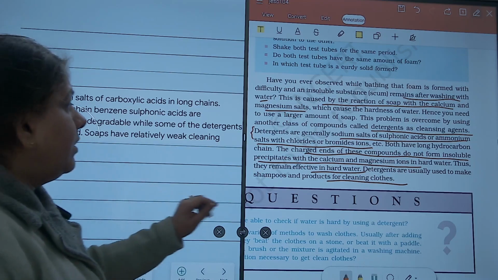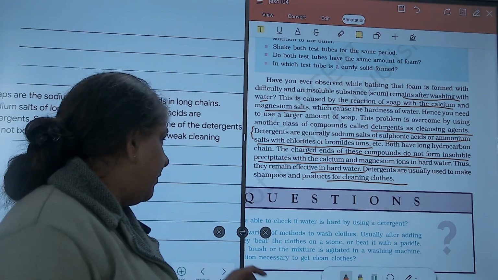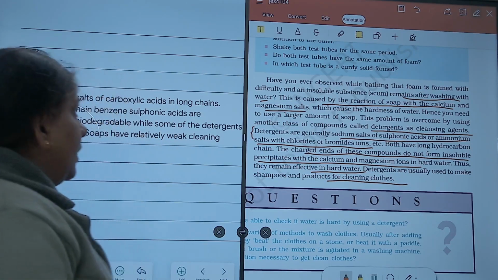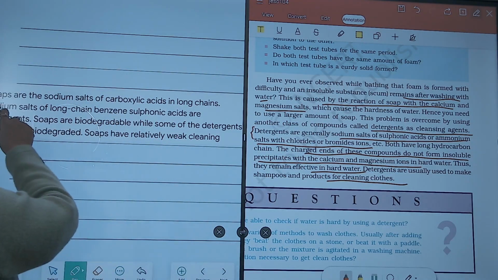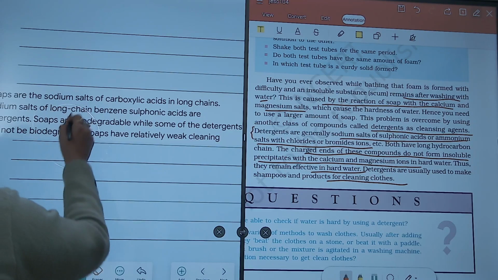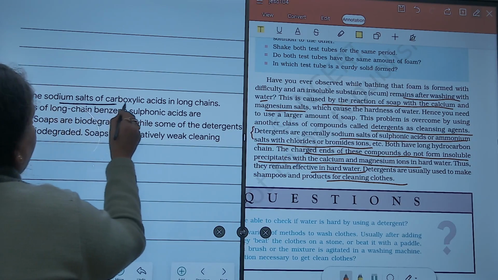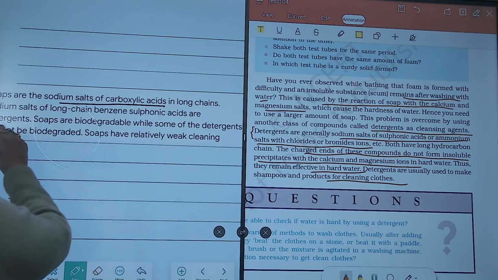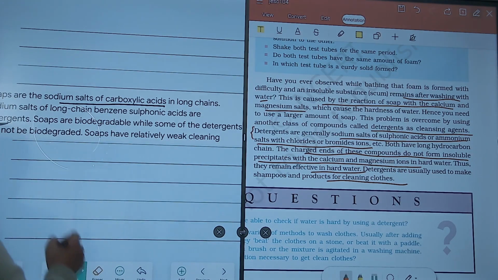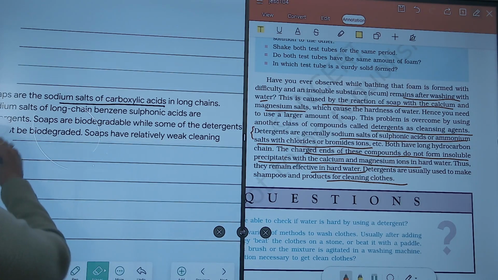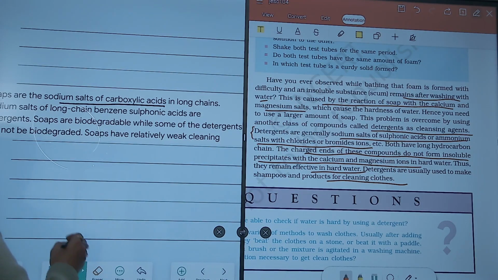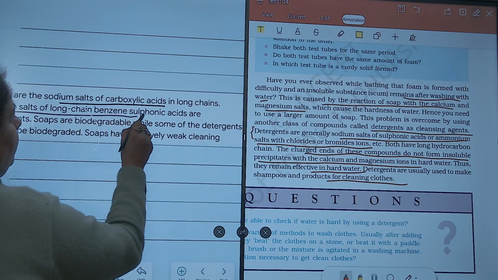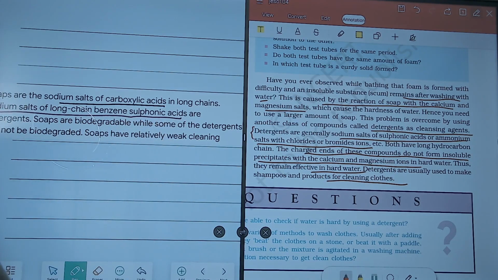Okay. Next question can be asked, what is the difference between soaps and detergents? So first is the composition. Soaps are basically sodium salts of carboxylic acid in long chains, whereas detergents are sodium salts of long chains of benzene sulfonic acids.